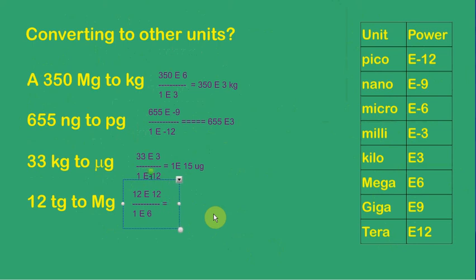You've got E12 divided by E6. All I'm doing is taking these numbers out in front and dropping them down, and I'm just dividing the E parts. So 12 divided by 6. Remember, these are zeros. So you basically have a trillion divided by a million, and that leaves you with E6. 12E6, and our unit then is the megagram.